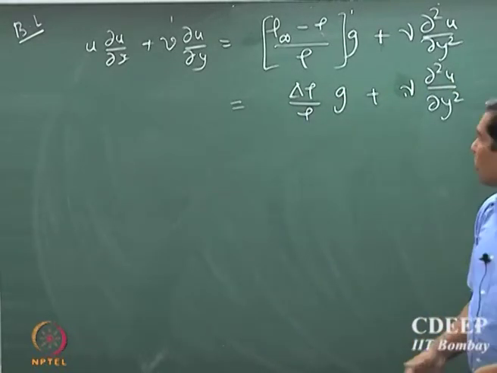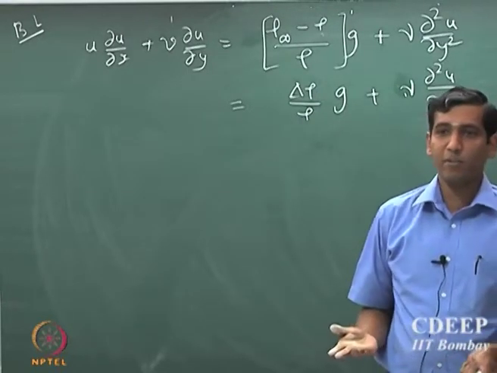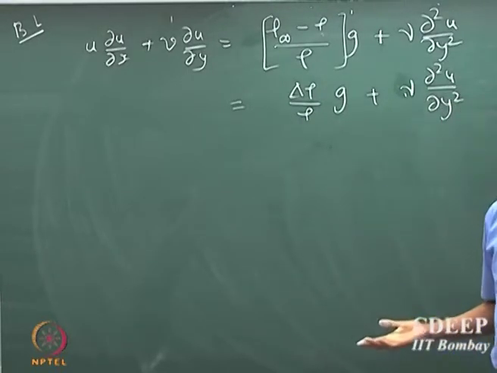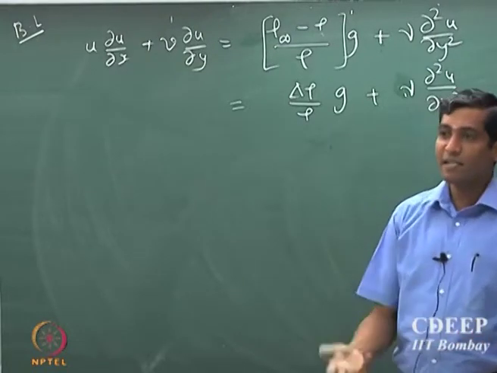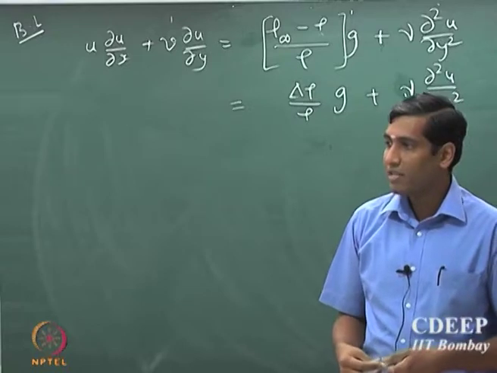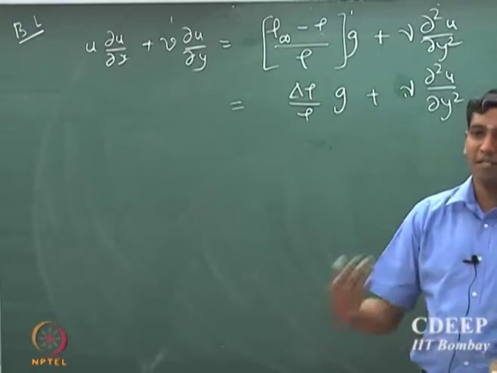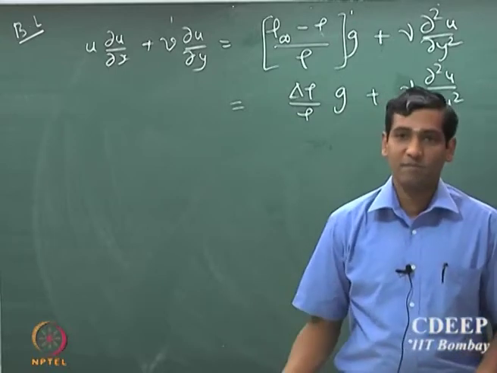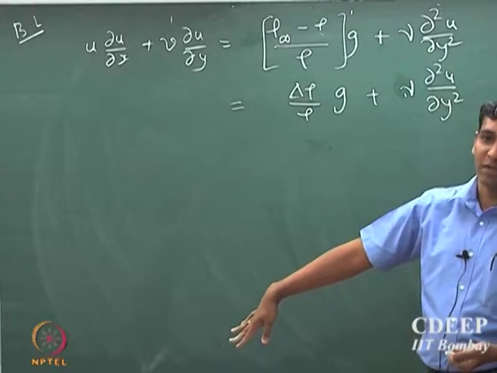So now if we know what is delta rho by rho, we are done, right? We should be able to solve the equation. So what's the relationship between the density gradient and the other system variables, for example velocity or temperature or concentration? Here we are not looking at mass transport, so let us not worry about concentration for now.